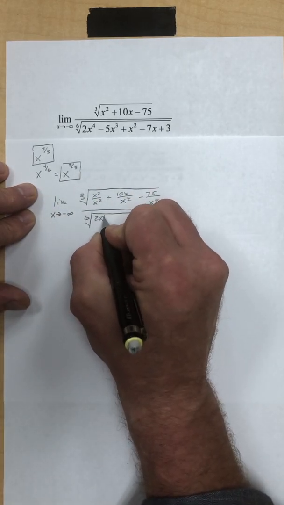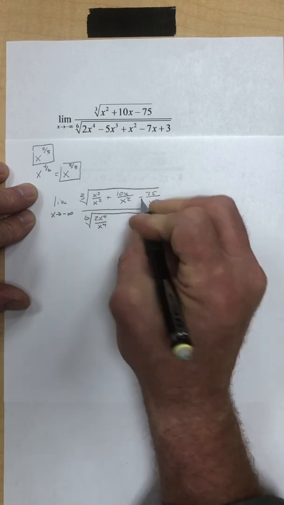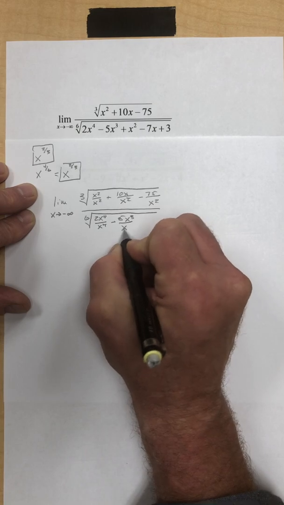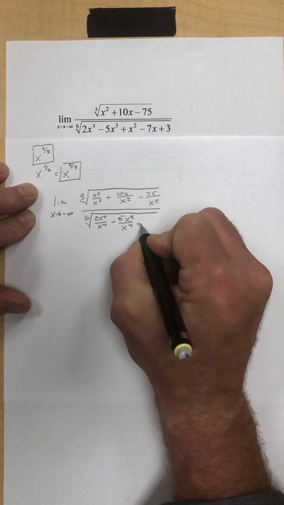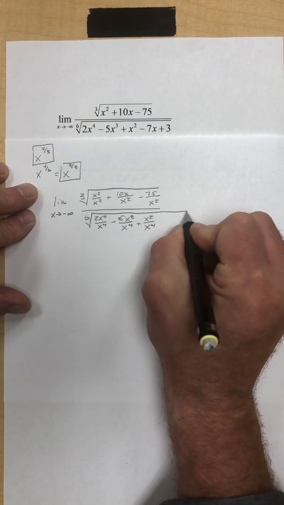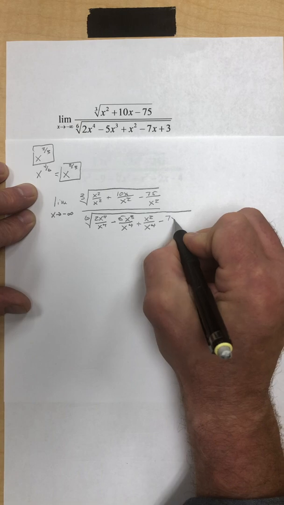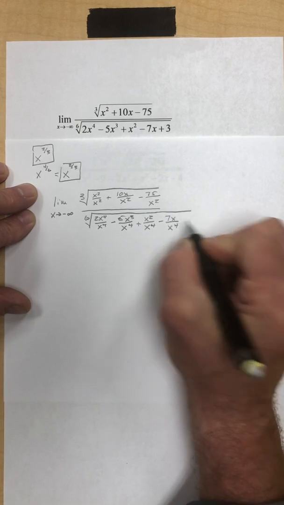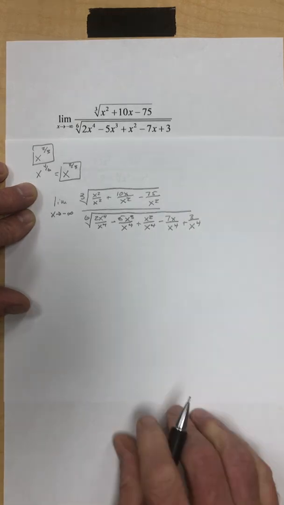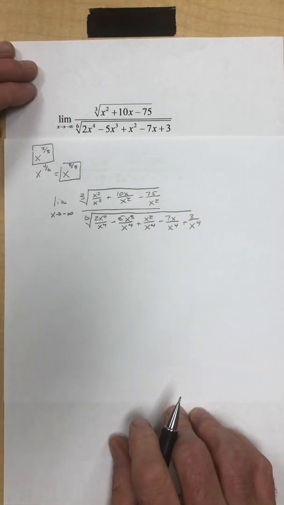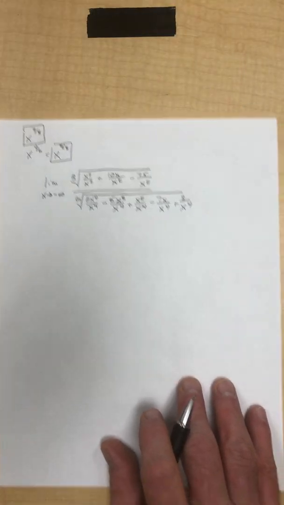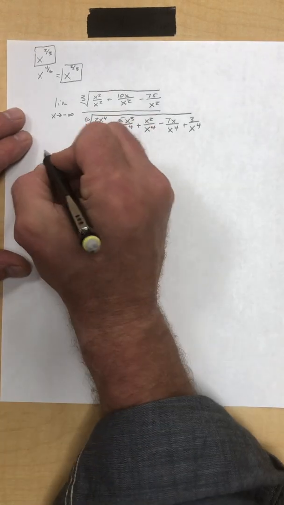So that's 2x to the fourth over x to the fourth minus 5x cubed over x to the fourth plus x squared over x to the fourth, minus 7x over x to the fourth plus 3 over x to the fourth. So we have everything set up there, and now it's just a matter of simplifying and finishing this up. So let's see what happens here.